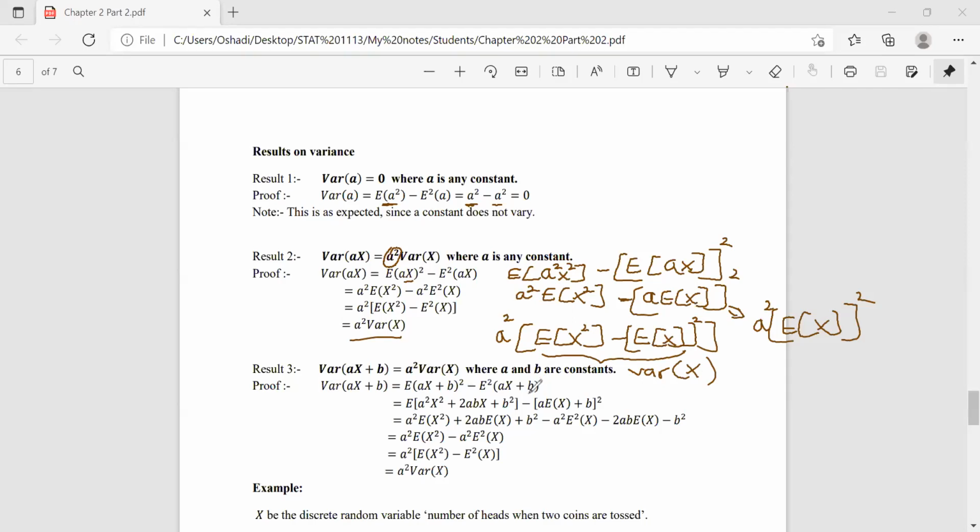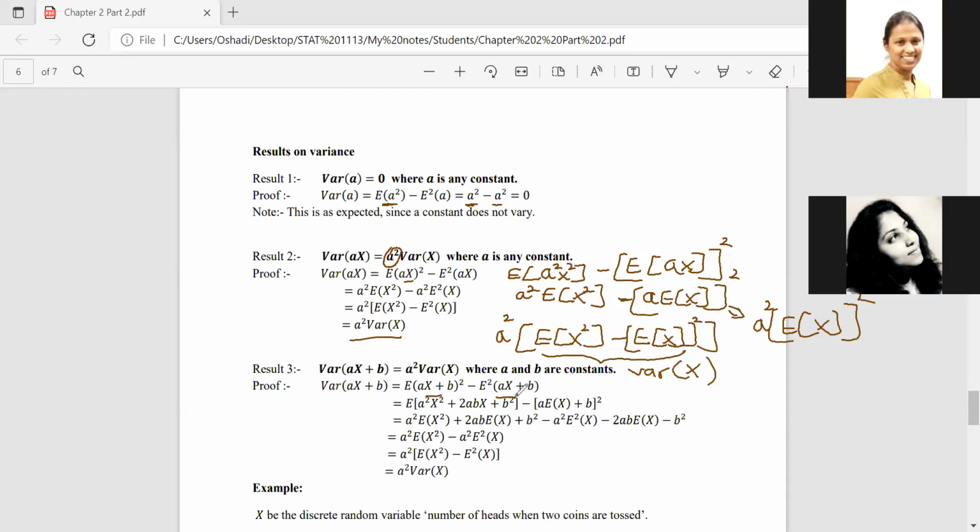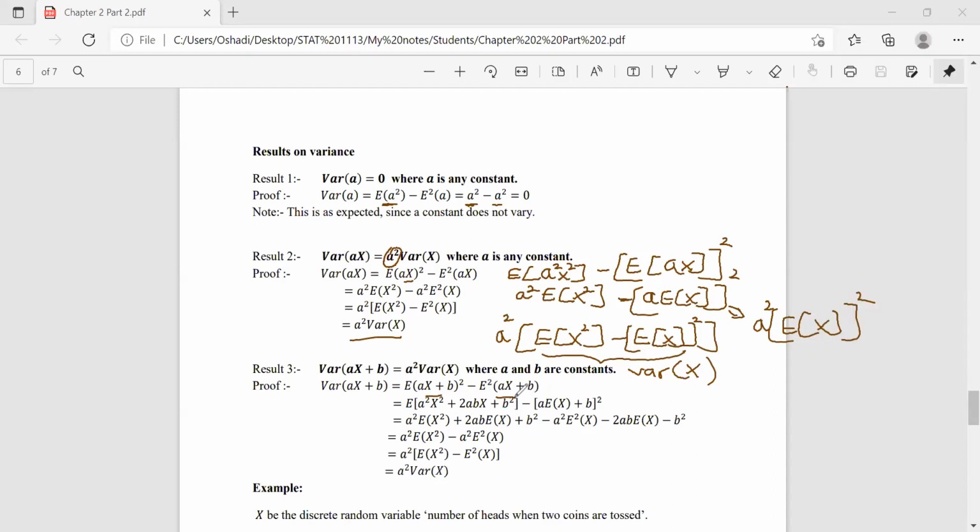So we can write it like this. I think now you can understand it, right? The same procedure. So we can write the expected value of (ax plus b) squared as a squared x squared plus 2abx plus b squared, right?